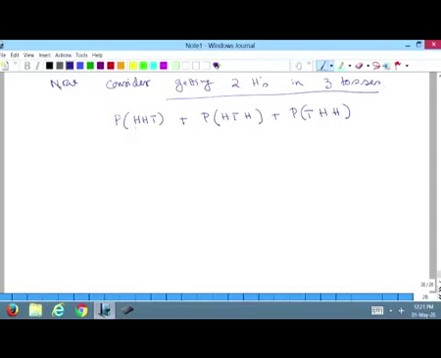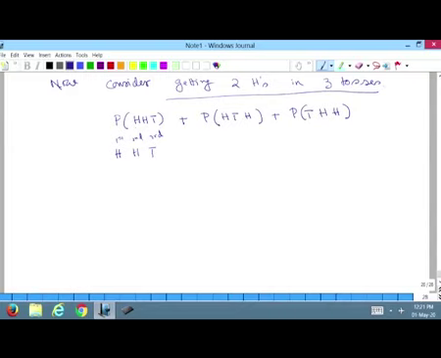That means the probability of getting the first toss to be head, the second toss to be head and the third toss to be tail. What is the probability?